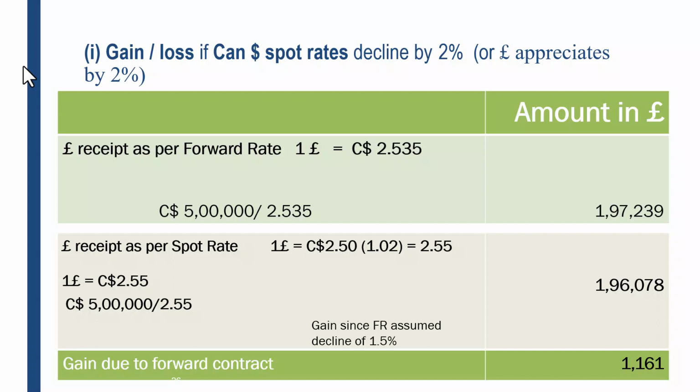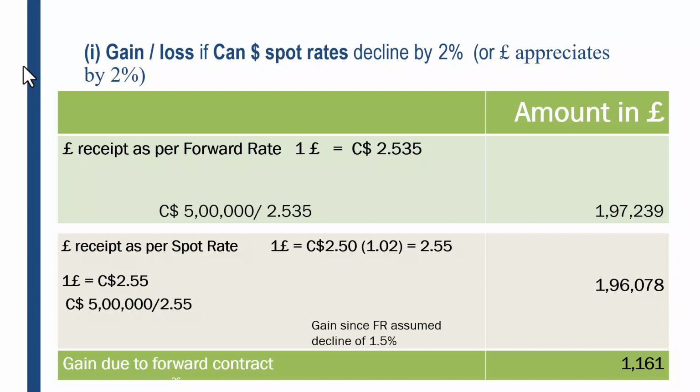So, gain due to the forward contract is 1 month, 6 months. Is that clear? So basically the rate is 0.5% extra. Ajit? No, you are not getting it. You are getting 0.5% extra because you have covered yourself.